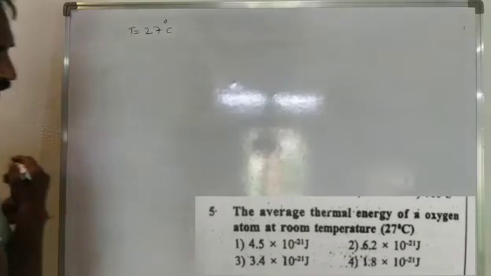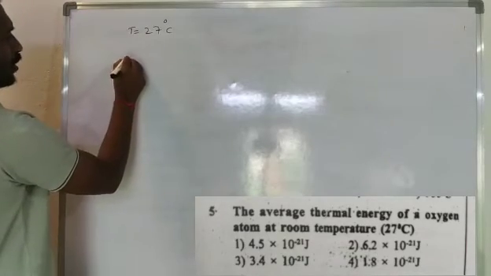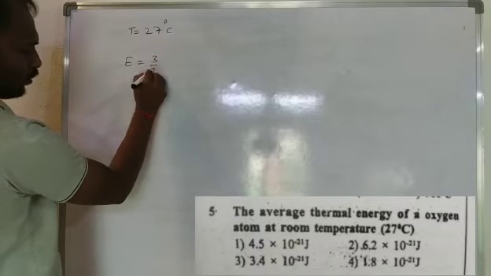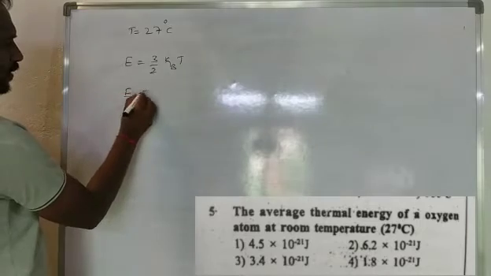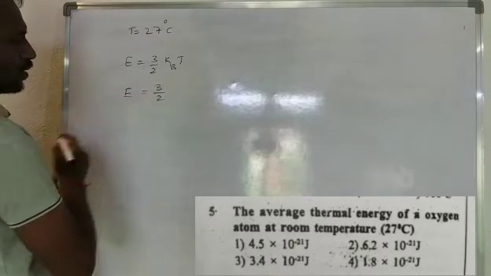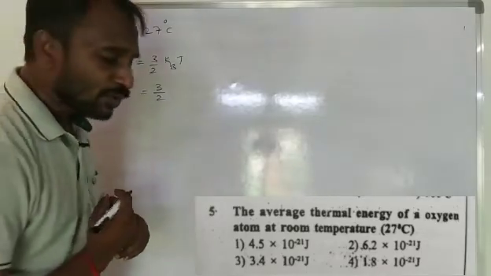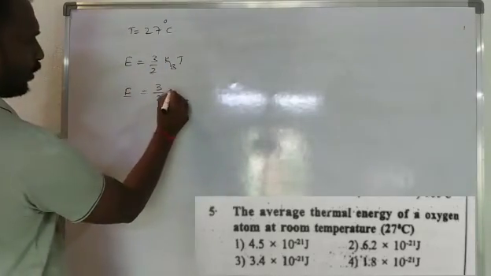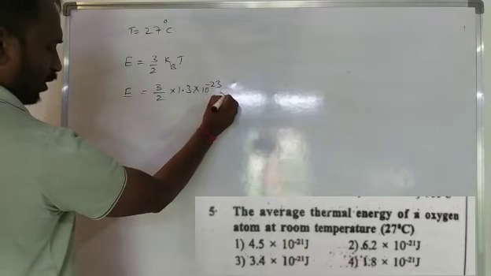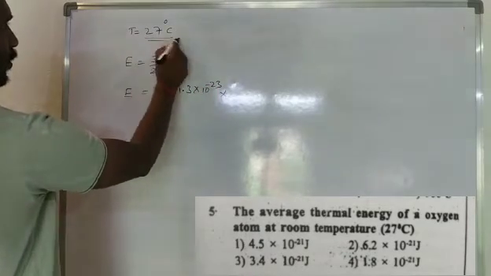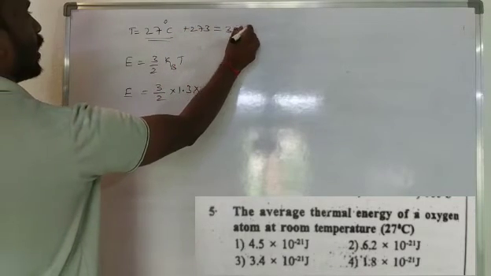Here we want to calculate the thermal energy, so energy E is equal to 3 by 2 kBT, where kB is the Boltzmann constant. The Boltzmann constant value is 1.3 into 10 power minus 23, into the temperature 27 plus 273, which gives 300 Kelvin.